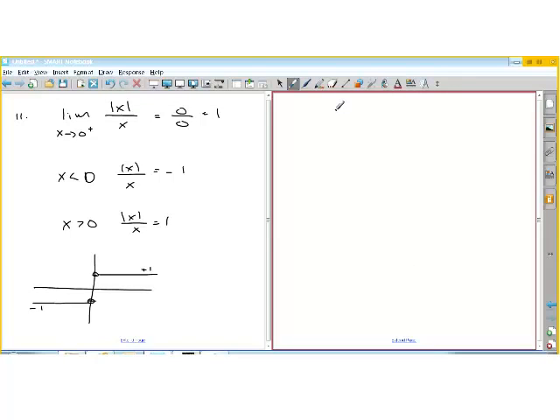So the answer is equal to 1. And if you do the other one, which is the limit as x approaches 0 from the negative side of the absolute value of x divided by x, it's going to equal -1.